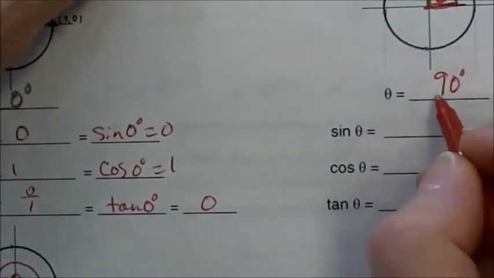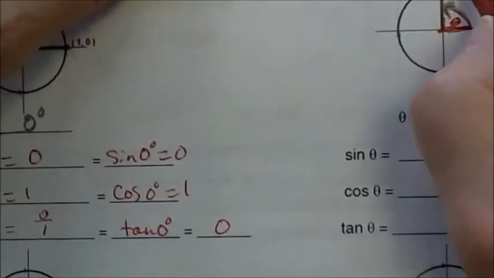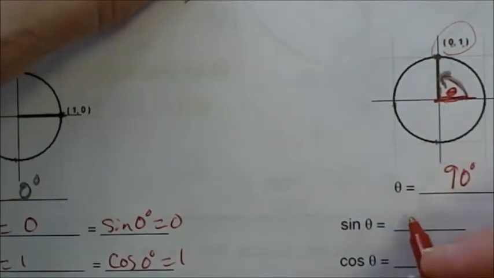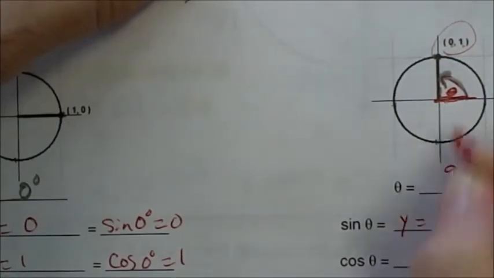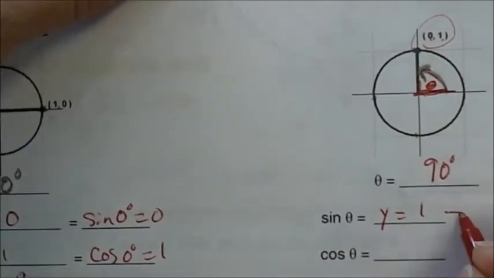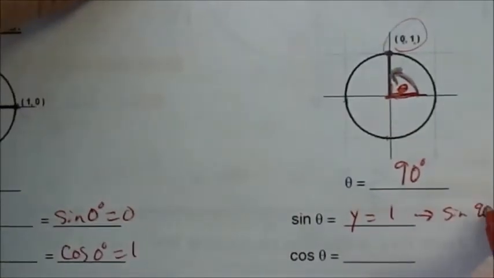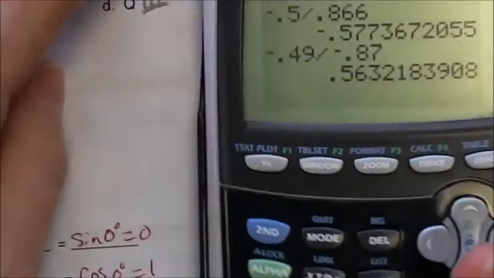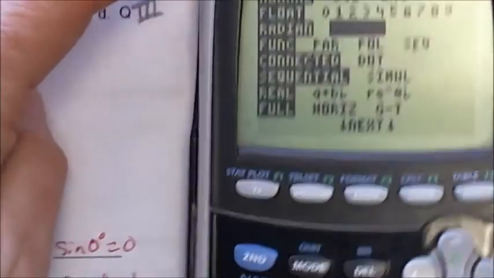Okay, now we've got theta's 90 degrees. Now here we've got the x value of 0 and the y value of 1. So the sine of theta is the y value. This y value is 1. So what that means is the sine of 90 degrees is 1. And you can even ask your calculator that if you want. Make sure you're in degrees mode.